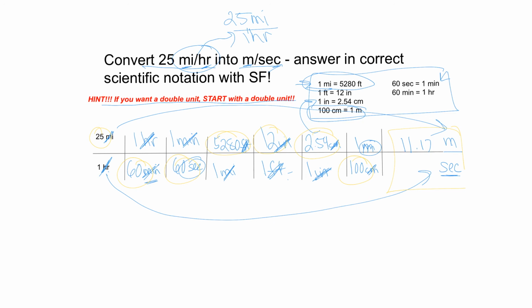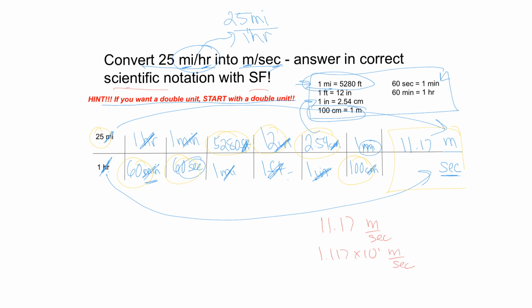So it says that I have to put my answer in scientific notation with the correct sig figs. So 11.17 meters per second. So I'm going to put that in scientific notation. 1.117 times 10 to the 1 meters per second.